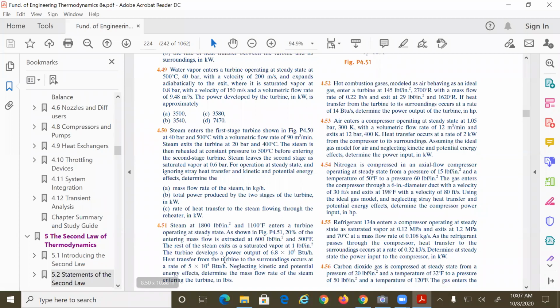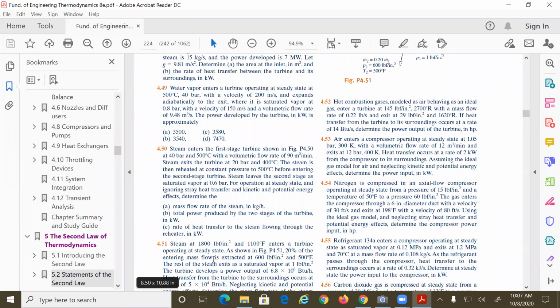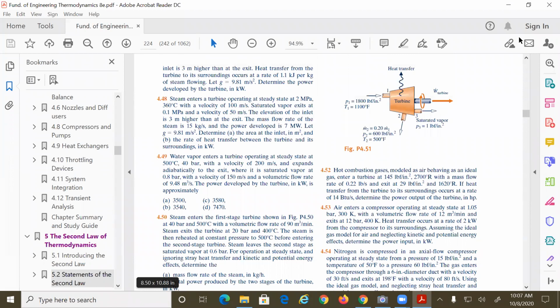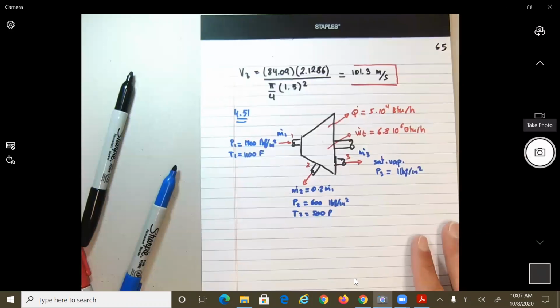Okay, so neglecting kinetic and potential energy effects, determine the mass flow rate of the steam entering the turbine in pounds per second. Is something else at the top? No. Okay, so we look at the figure I did. This is my figure. So I'll put these values over here.